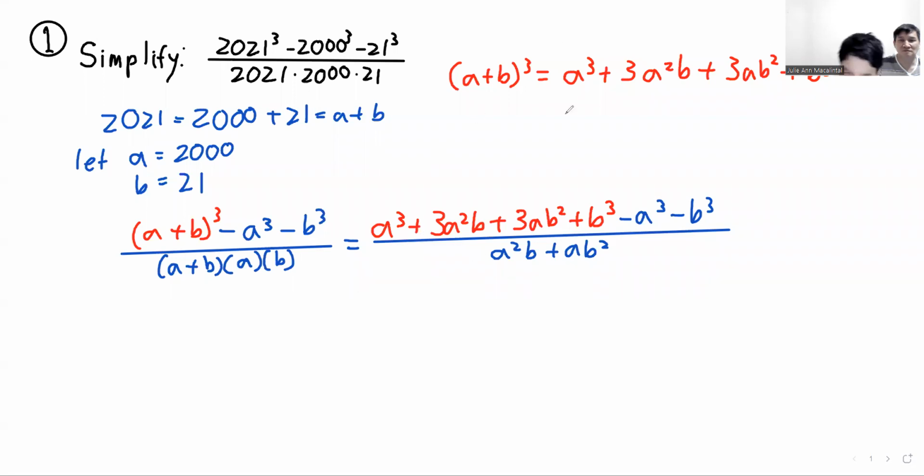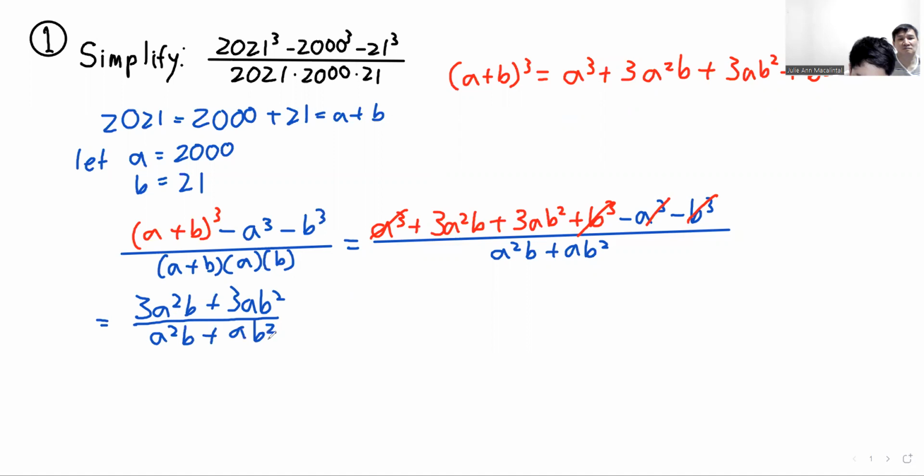In fact, they are, because we can cancel the A cubed and B cubed, and we are left with 3A squared B plus 3AB squared over A squared B plus AB squared. So these were the variables I was talking about, and in fact, they are the same.